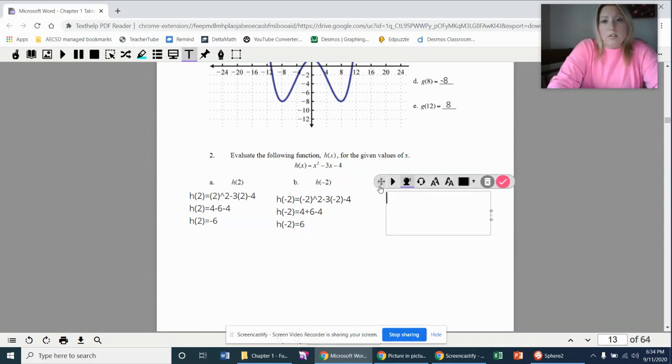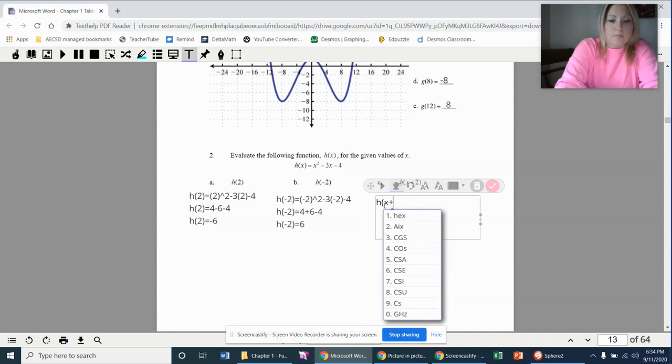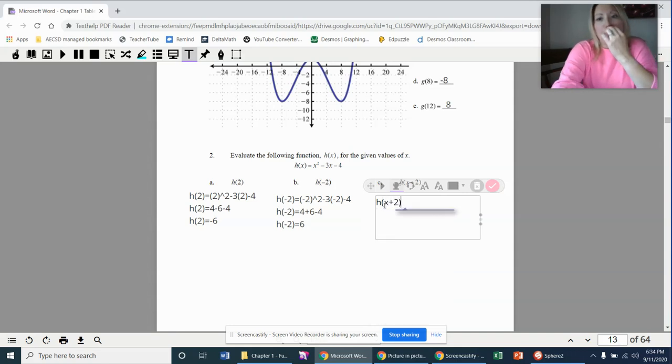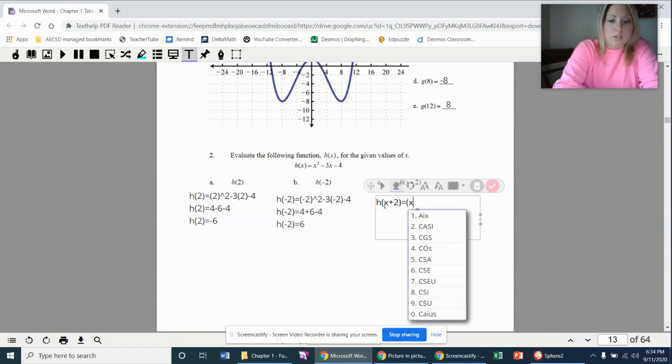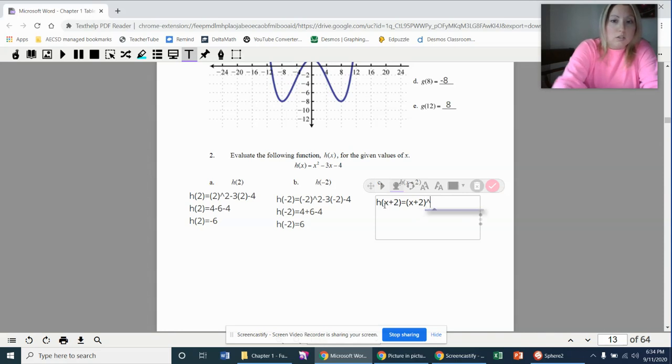Last but certainly not least, if you have a polynomial input, I'm going to show you how this works. So that's going to be my polynomial input. I am going to replace where x was with that whole thing. So this is going to be x plus 2 squared minus 3 times x plus 2 and then minus 4.